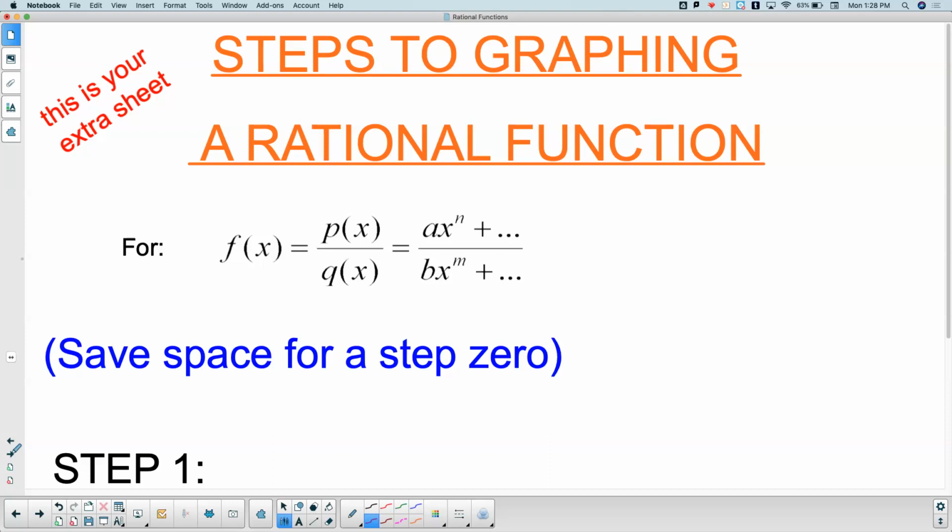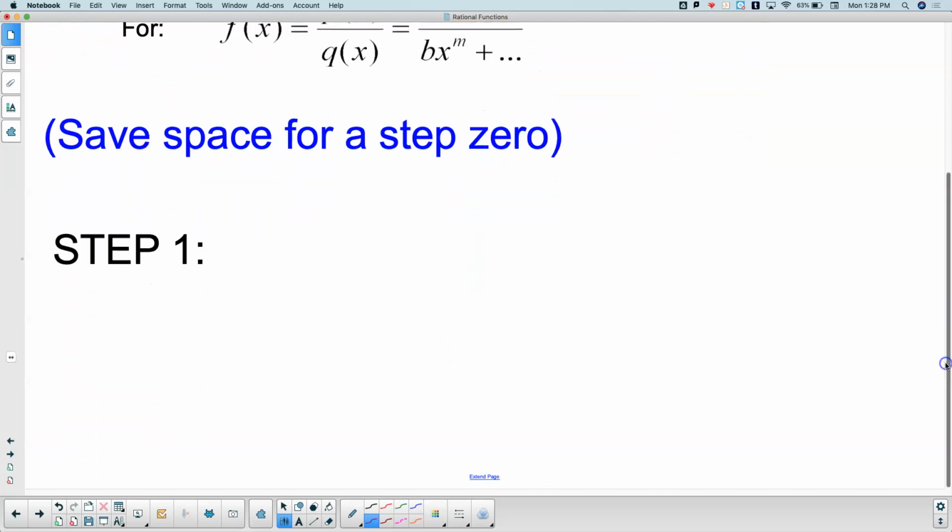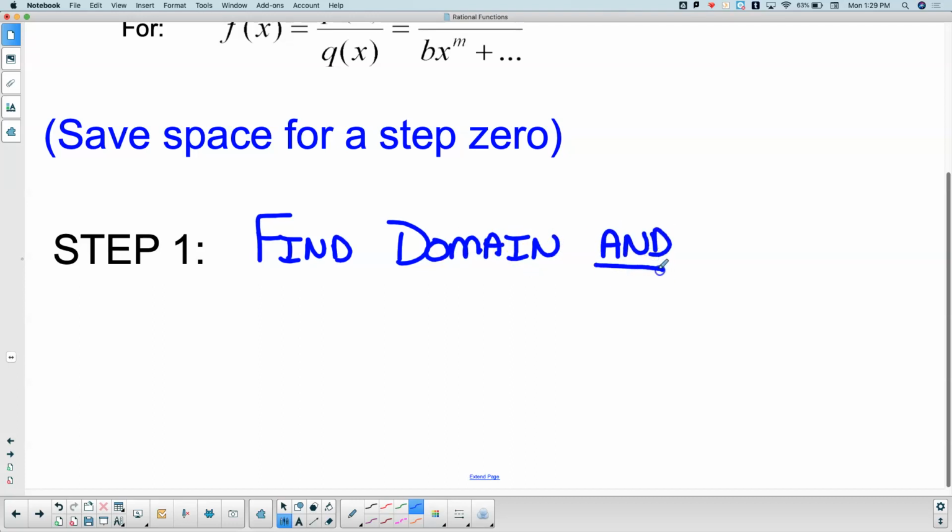So the first thing you're going to do, for now, is you are going to find the domain and any and all vertical asymptotes.